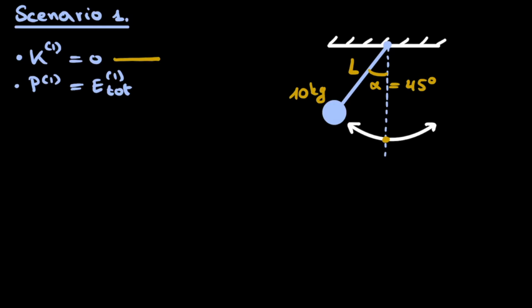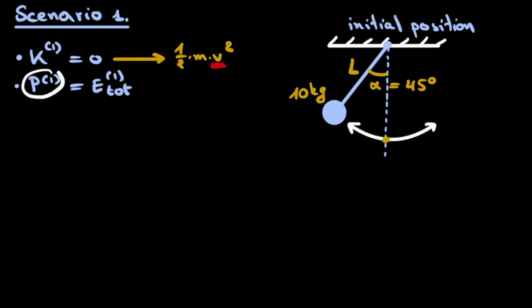Since the kinetic energy is equal to 1/2 times the mass times v squared, the velocity squared, the kinetic energy is 0 only if the velocity of our object is 0. This is of course the case for our initial position, where we are just lifting the weight and suspending it on the pendulum. Since it is not moving, its velocity is 0 and therefore its kinetic energy is 0. So we need to find the potential energy of this initial position.